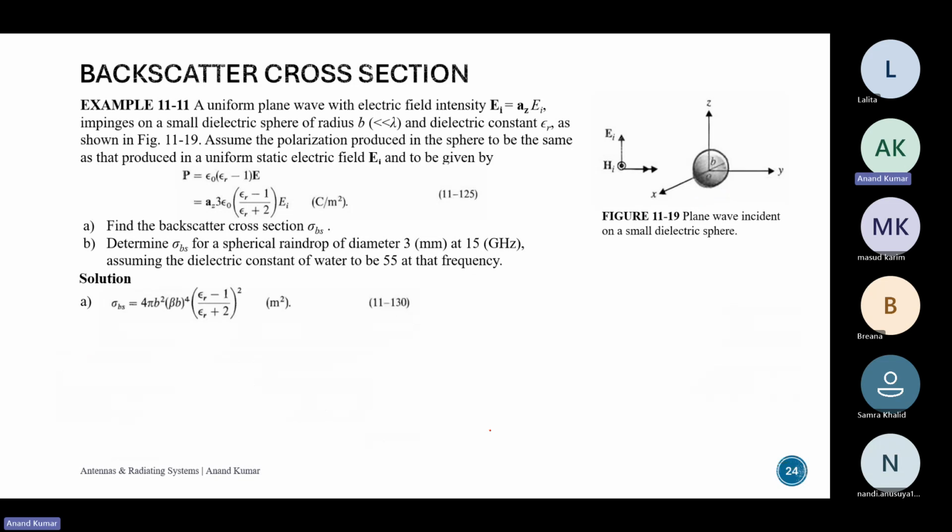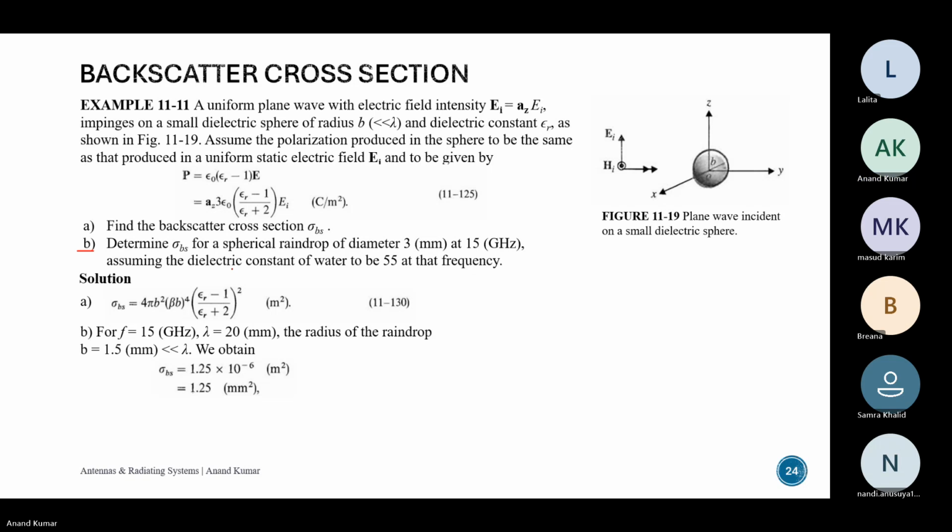So we'll just quickly finish for the raindrops and then take any questions if you have, or close the class. So the second part of the question, the B part, asks us to determine the backscatter cross section for a spherical raindrop, and we are given the diameter, the frequency, and the dielectric constant.